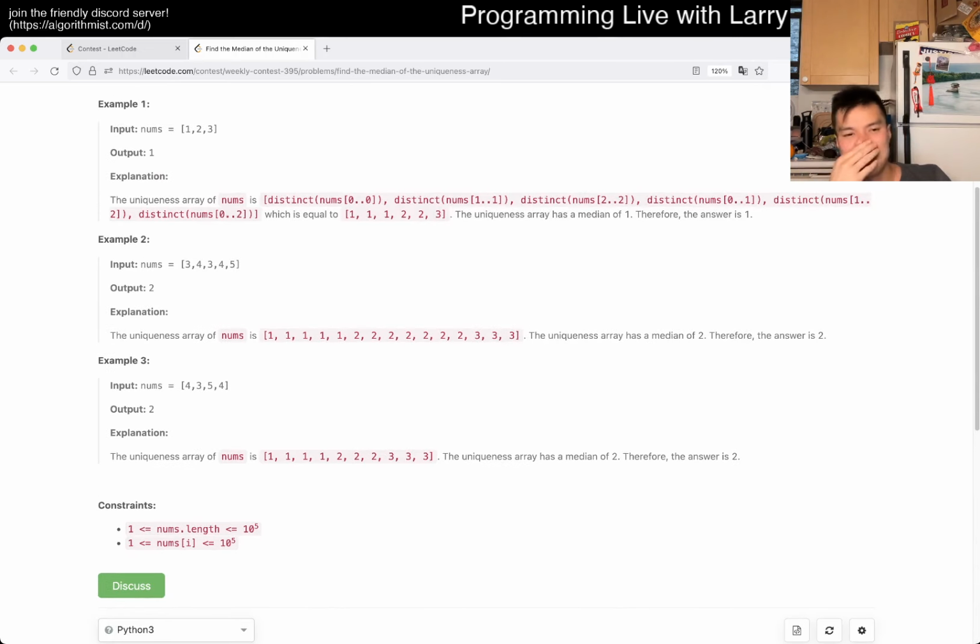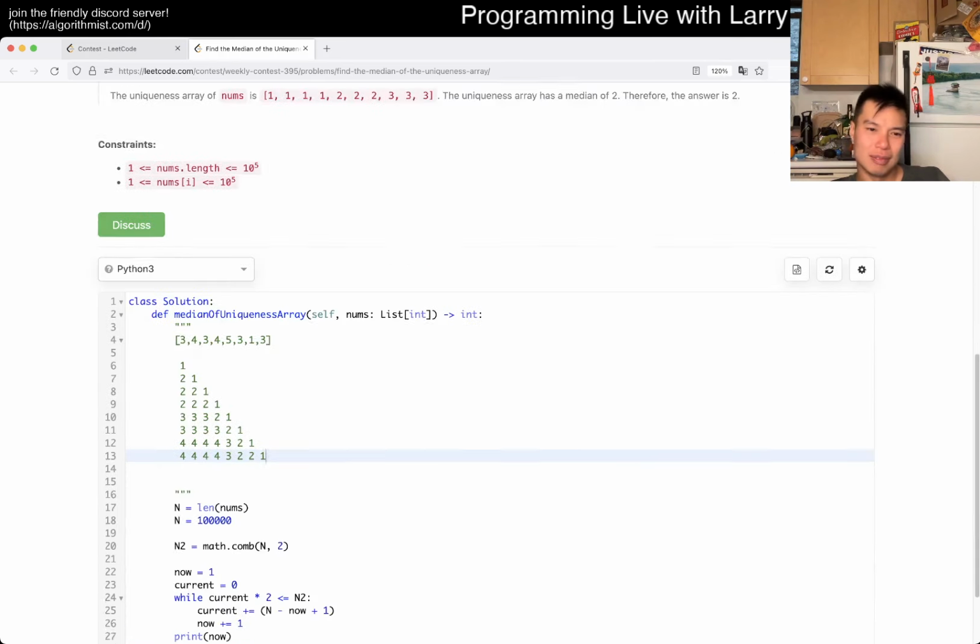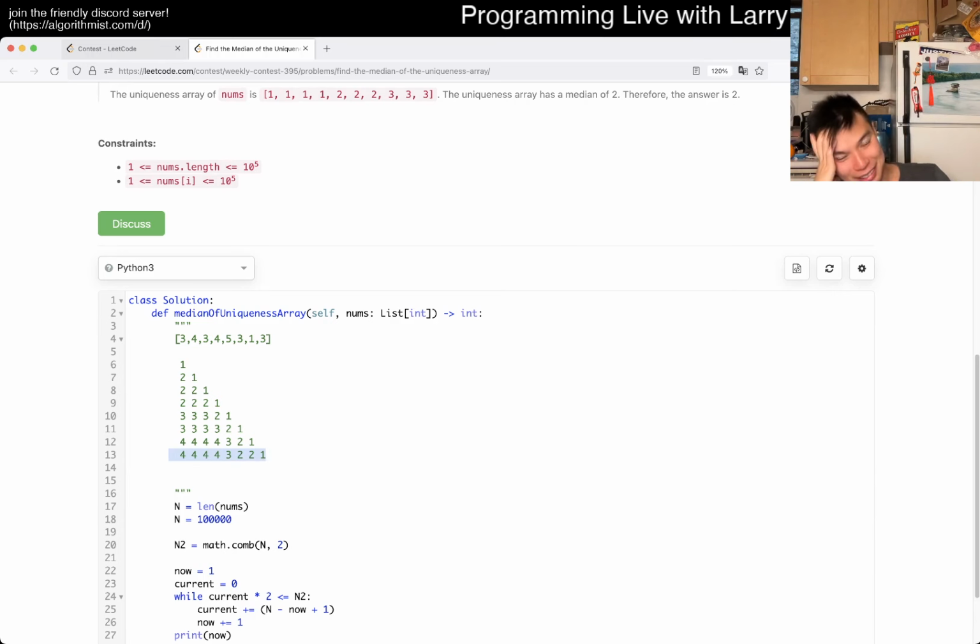Median. What does median mean? Can I pop stuff off on both sides? Does that help? Like, this stuff doesn't really help me, does it? Or I don't know how to do it faster than n square.